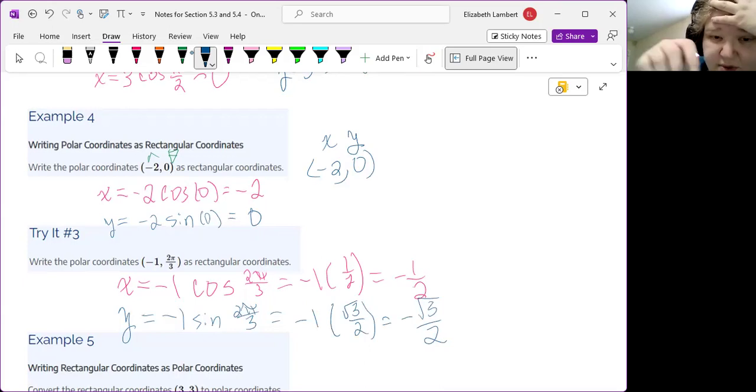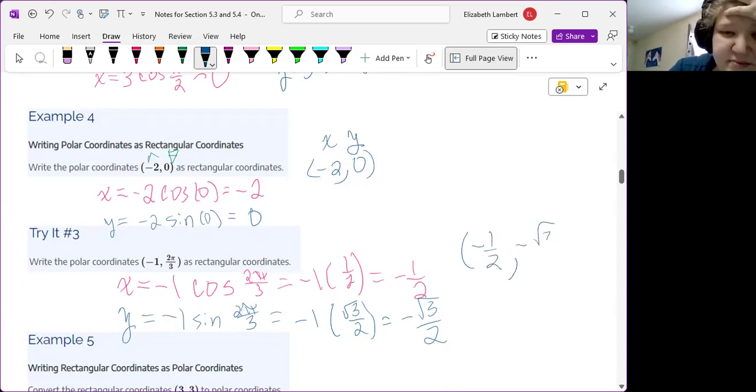So that'd be down, so this is in quadrant 3. So it's actually where 4 pi over 3 would be, that point on the unit circle. But that's what happens when our r is 1 or -1: we're going to get a coordinate pair that's on the unit circle.